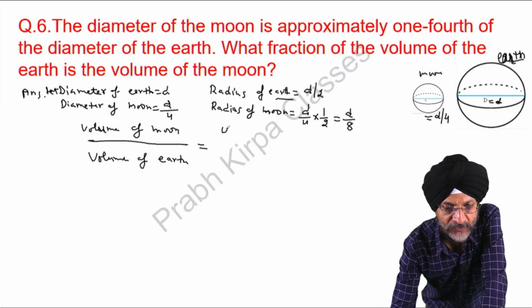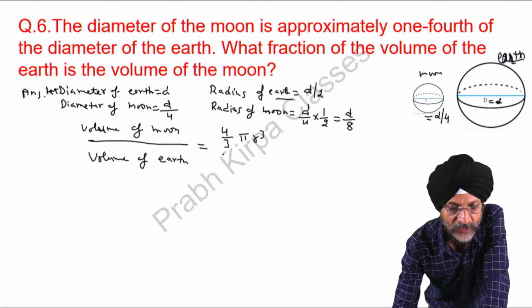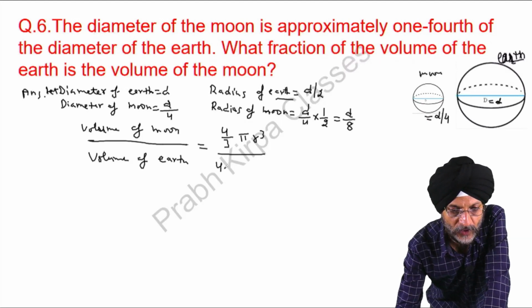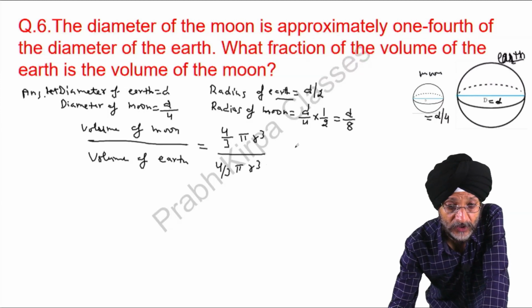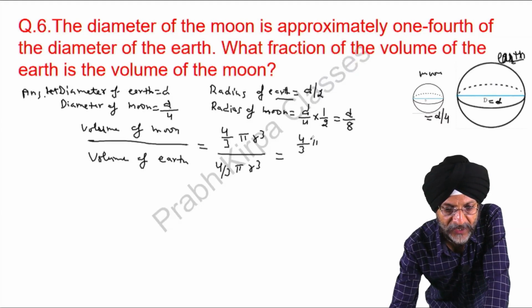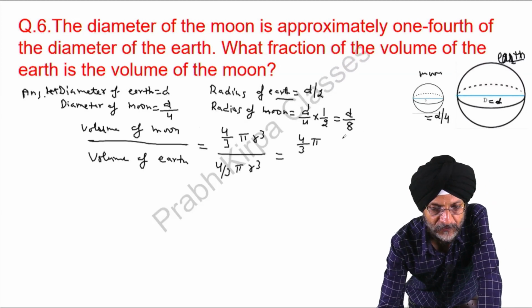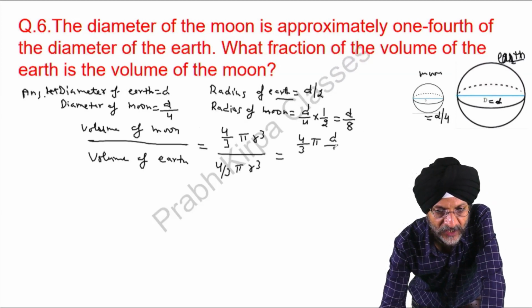It is 4 over 3 pi r cube. In the same way, 4 over 3 pi r cube. So now we will put in the relevant values. 4 over 3 pi. What is the value of r in case of moon? It is d over 8, cube.